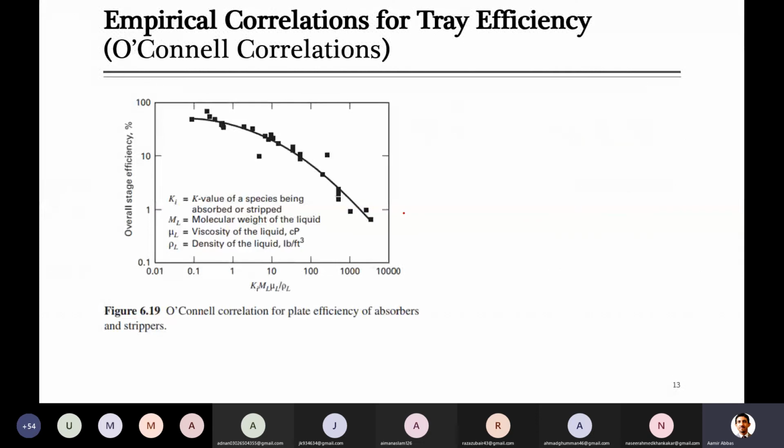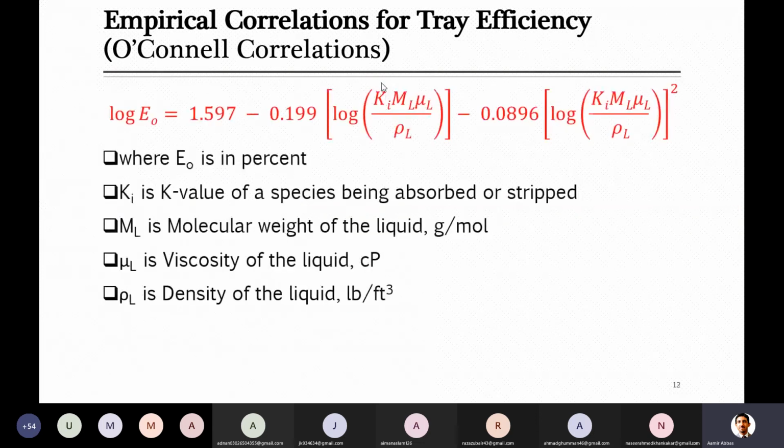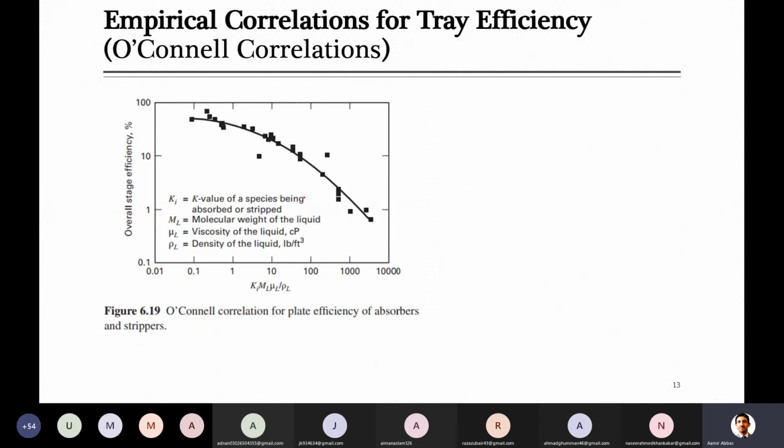Then here you can see that in this equation there are parameters: K, molecular weight, viscosity, and density, and they developed a diagram, a figure, for various systems, and obtained this curve. As you can see, this parameter, given in terms of K value, molecular weight, viscosity, and density, is related to the overall stage efficiency.